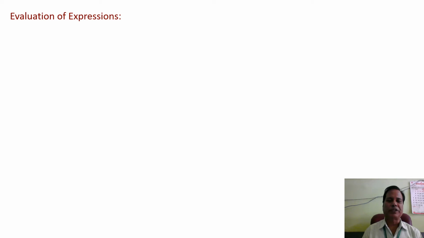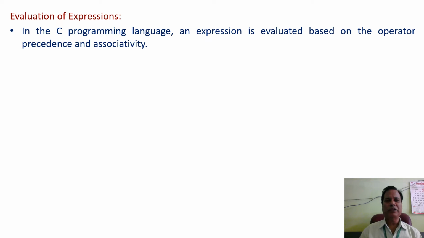Evaluation of the expression. How is an expression evaluated? In the C programming language, an expression is evaluated based on operator precedence and associativity. So we should know the precedence and associativity of the operators used in the expression.